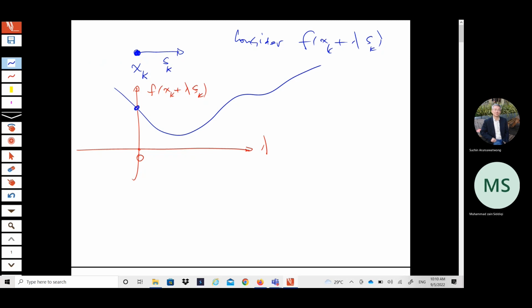When you look at the definition of the directional derivative, what is it?